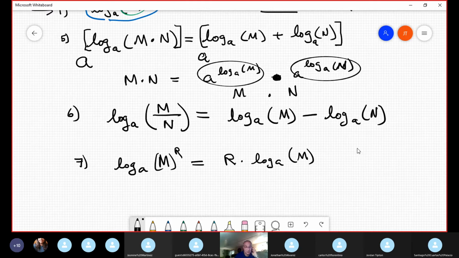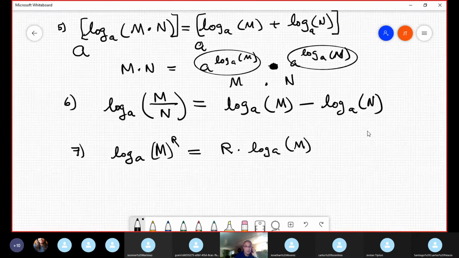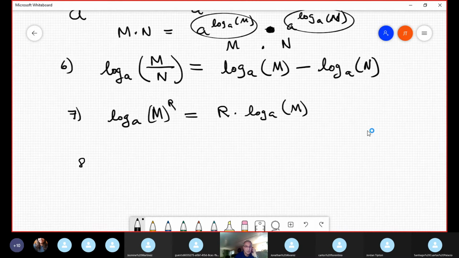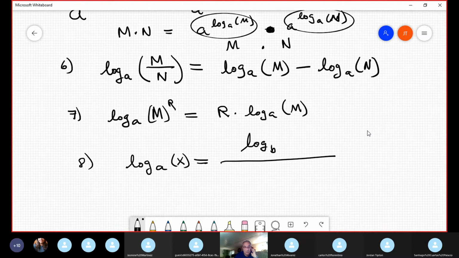And number 8, which is the last one, is the formula that we saw before, the change of base formula. The logarithm base a of a hypothetical number x is equal to the logarithm of the other base that I want to change to, b, of x, divided by the logarithm base b of a.